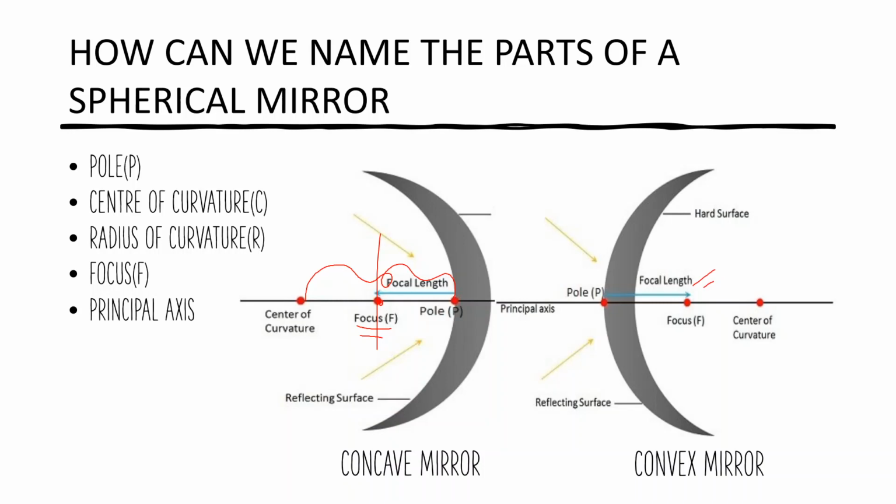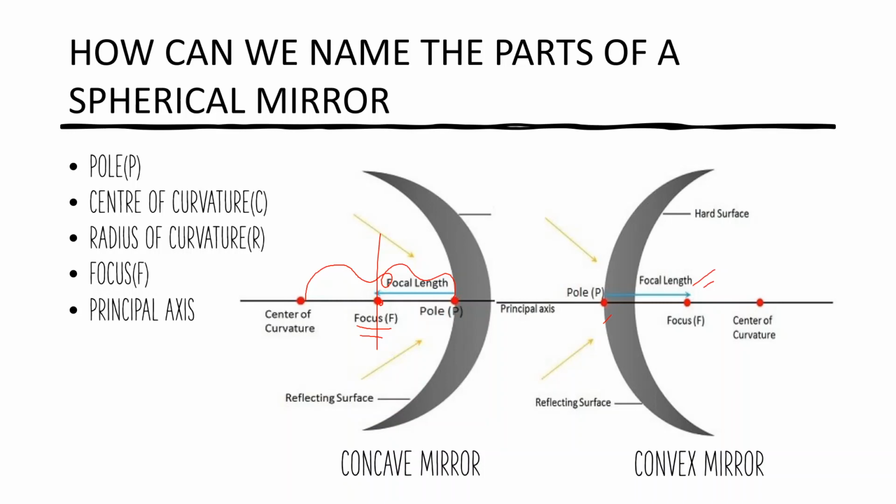This is what you need to remember: the difference between radius of curvature and center of curvature. The center of curvature is a point located at the center of the sphere. The radius of curvature is the distance from the center of curvature to the pole. The distance between pole and focus is called the focal length.